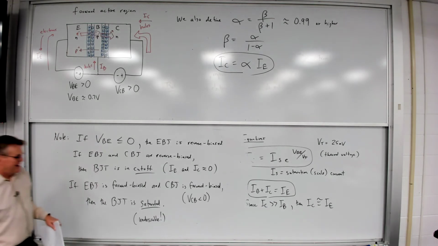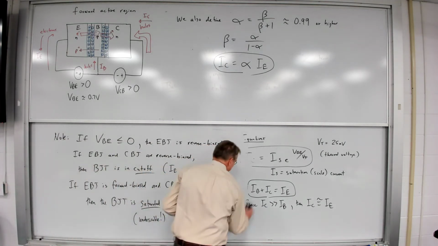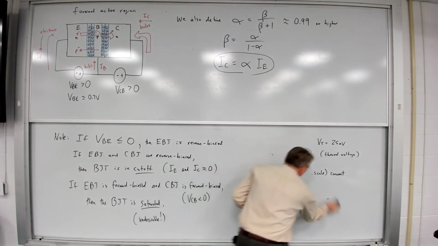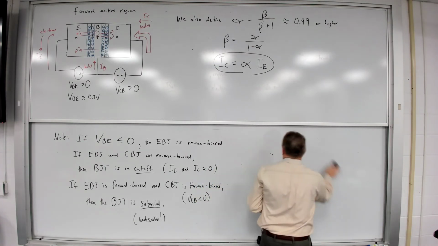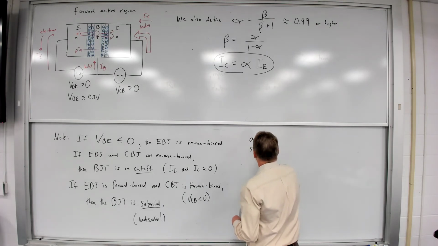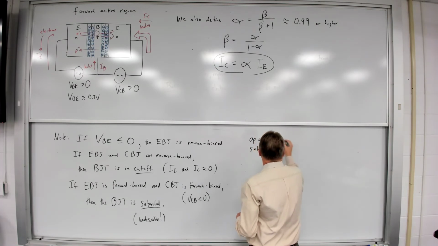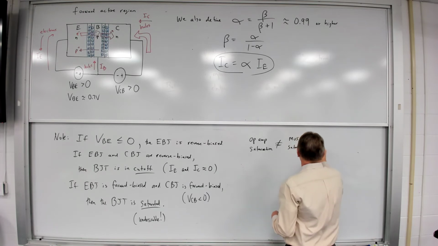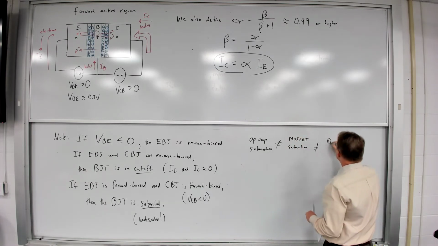So, definitions. Op-amp saturation is not equal to MOSFET saturation. And that is not the same as BJT saturation.